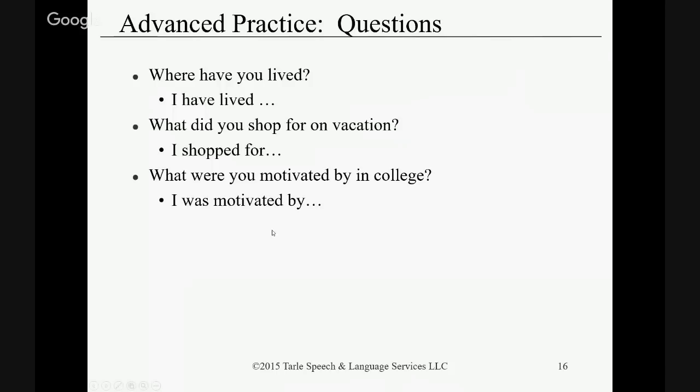So words would be easiest. Sentences are next. Then when you're answering a question, this is difficult because then you're creating a sentence and using this rule to respond. So what we're going to do for this is I'm going to say the question, then you repeat the question. Okay, let's practice that. Where have you lived?